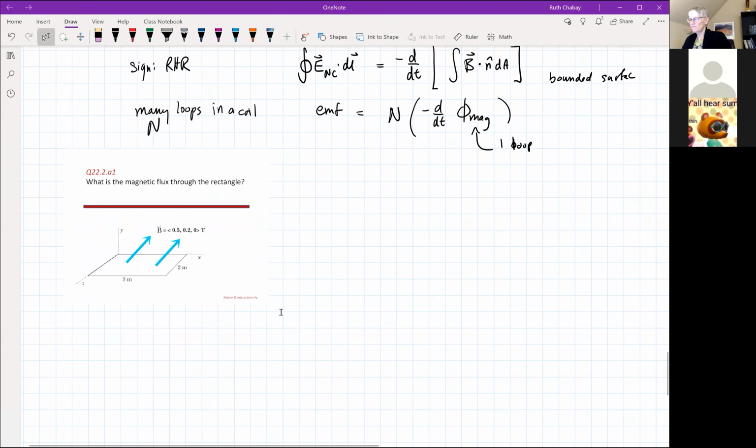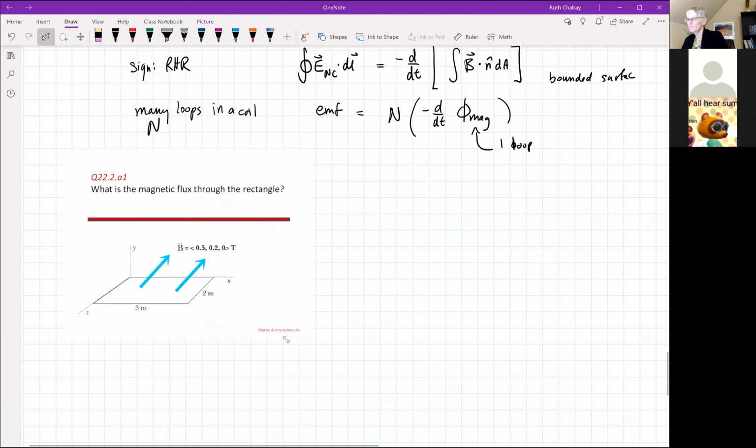So here we have a rectangle, and we could draw our loop around the edges of the rectangle here. And the question is, what's the magnetic flux through this rectangle? So take a moment and think about it and make sure you think you know how to do it, and then we'll do it together.